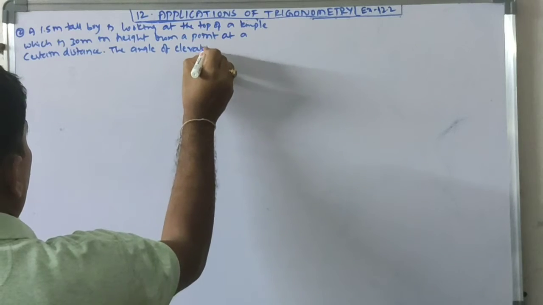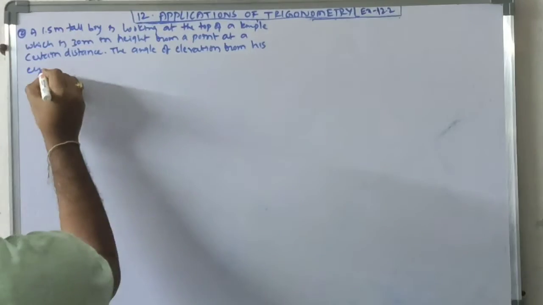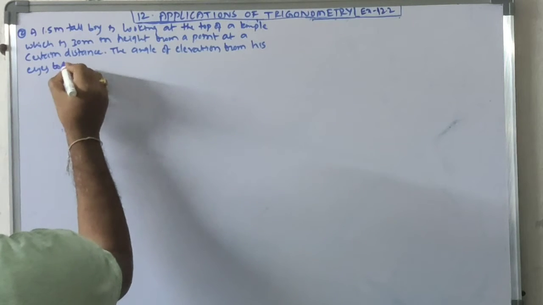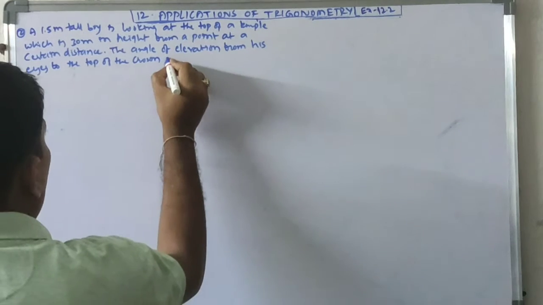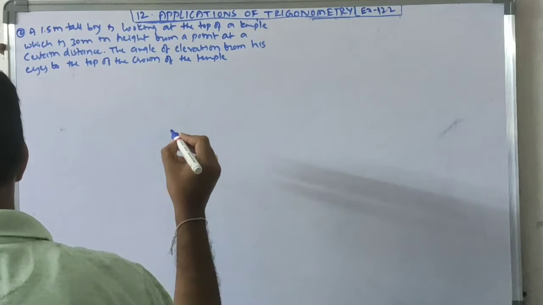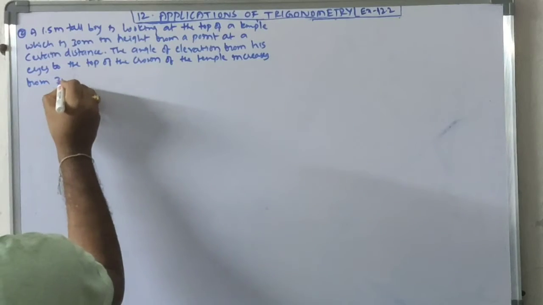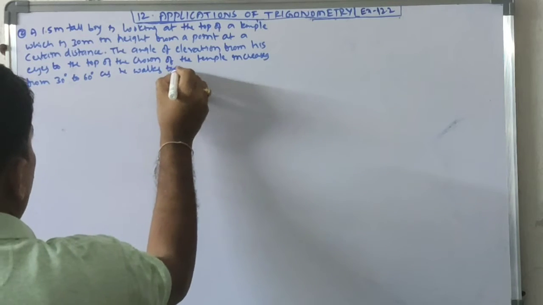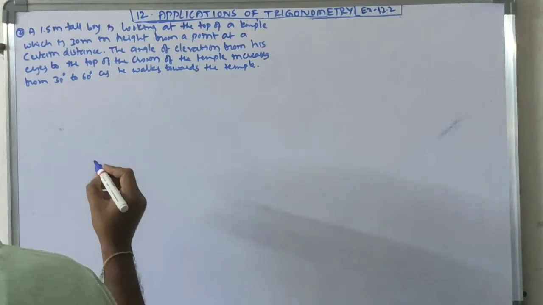The angle of elevation from his eyes to the top of the crown of the temple increases from 30 degrees to 60 degrees as he walks towards the temple. Find the distance.